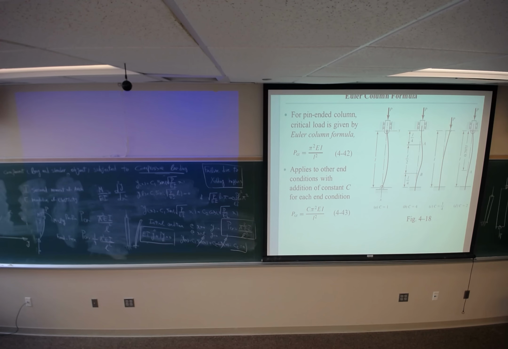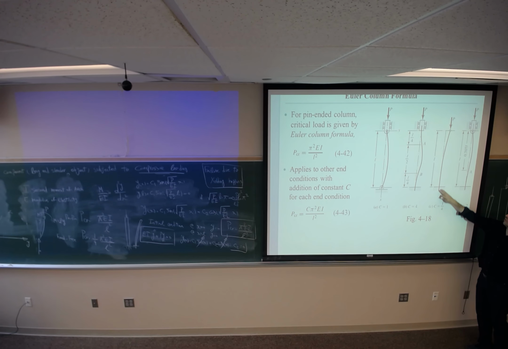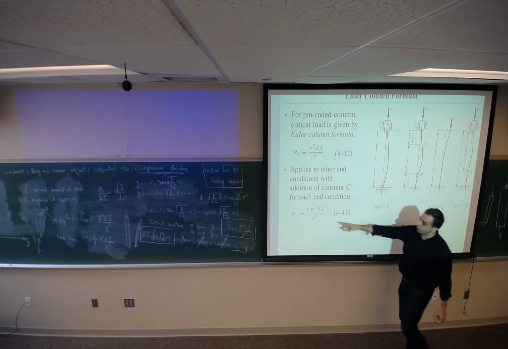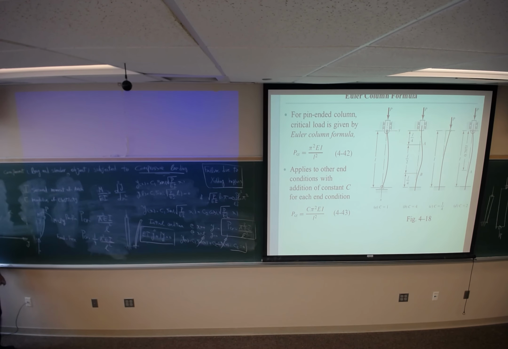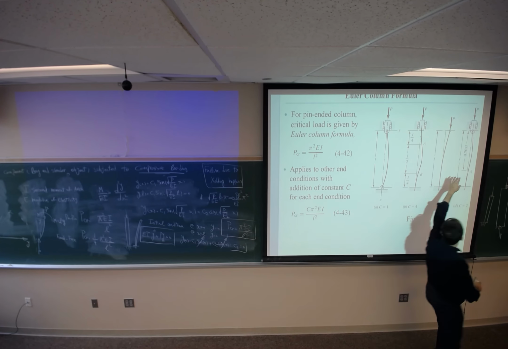For pin, c is equal to 1. For fixed-free it's 0.25. For fixed-fixed it's 4, four times greater than pin. And for one end fixed, one end pin, it's going to be 2.